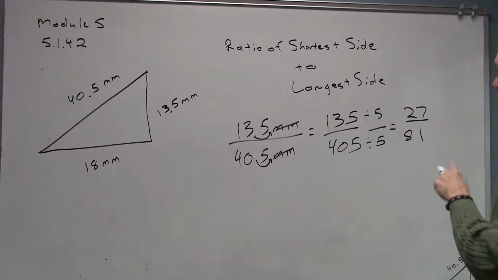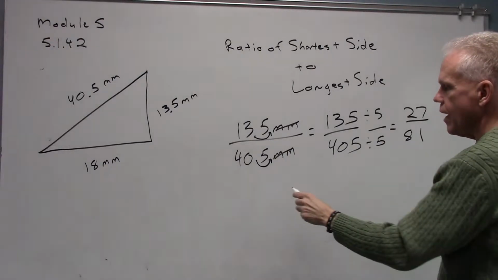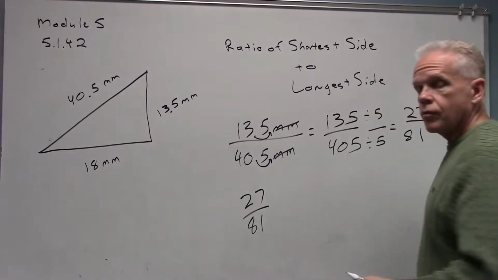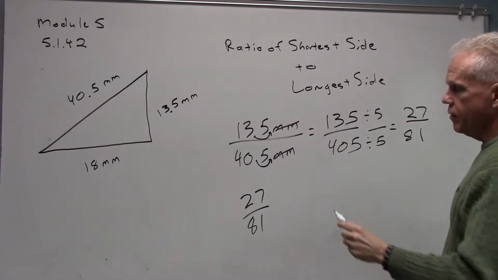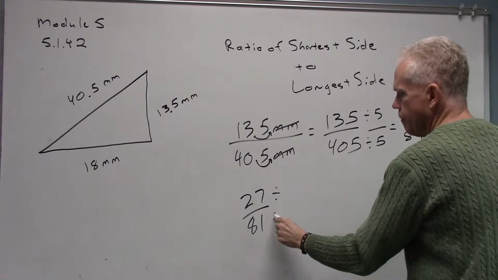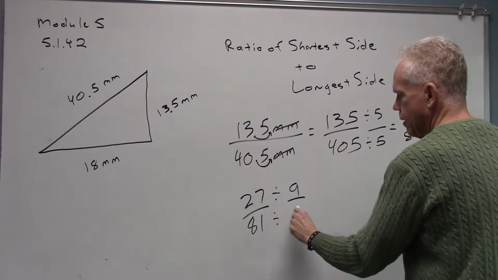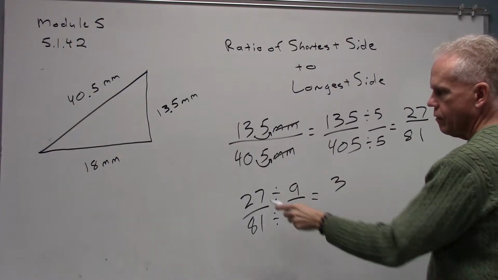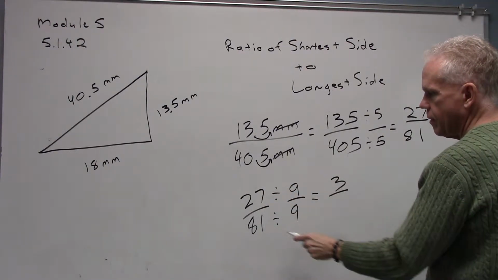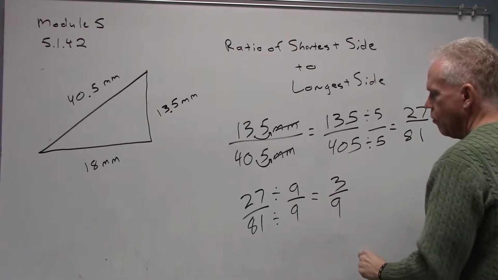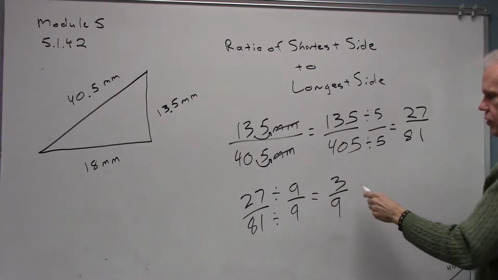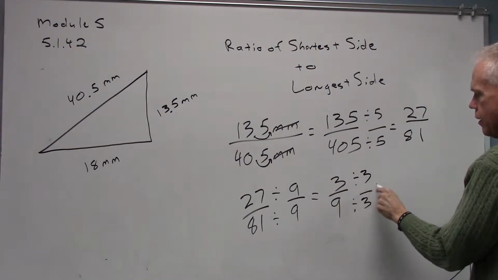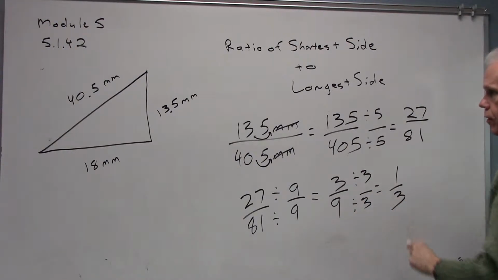So my ratio has now reduced down to 27 over 81. Now, I think I can reduce that some more. I know, for example, that 9 goes into both of these. If I divide the top by 9, I get 3. Dividing the bottom by 9, I get 9. Wow, I can simplify this a little bit more. Divide by 3 here and divide by 3 here, and I get 1/3.